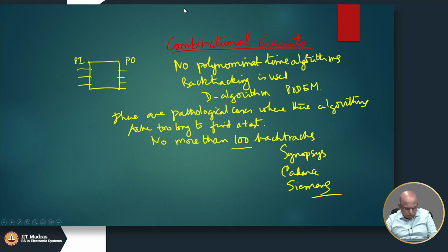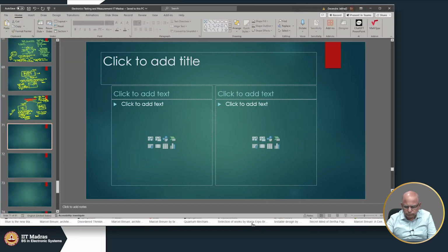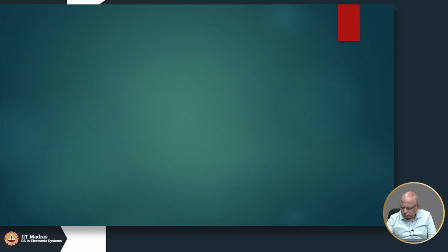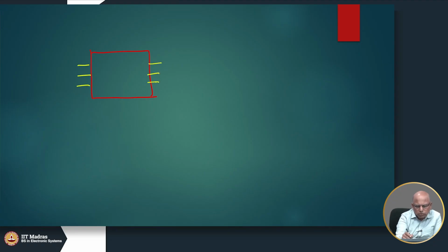You may have also wondered, let me assume that there is a combinational circuit. Let us say these are some primary inputs and some primary outputs. I did mention to you about random testing.